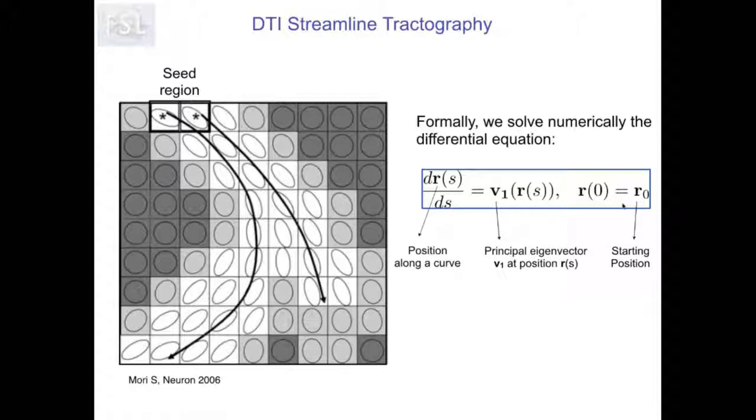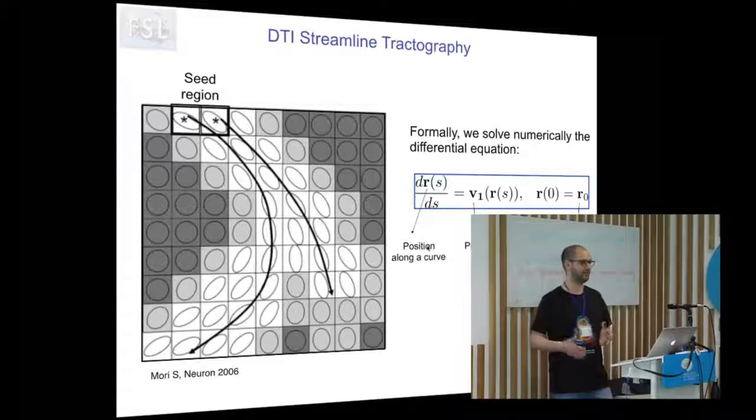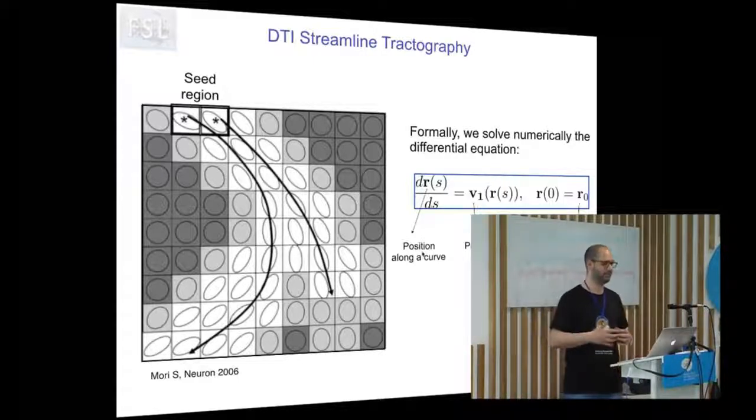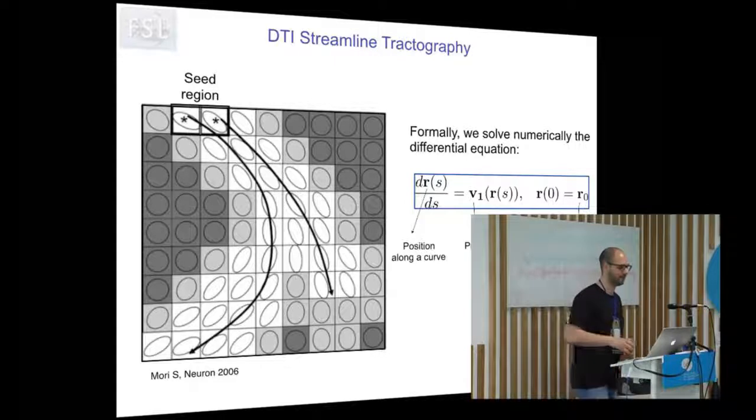Given certain starting conditions, a certain starting position, such as the seed region that we defined there, we basically equate the first derivative, the tangent to the curve at a certain position, with the principal eigenvector that we estimate out of a probabilistic model, or in this case, out of a DTI model.